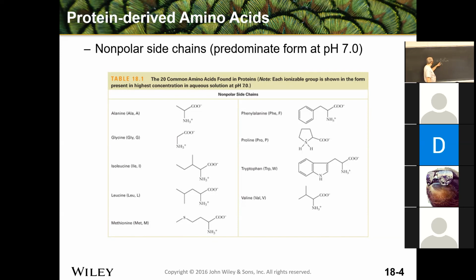And where we have glycine, R would be H, and we would have 2 groups the same, and so that's the only one that doesn't have the chiral center.